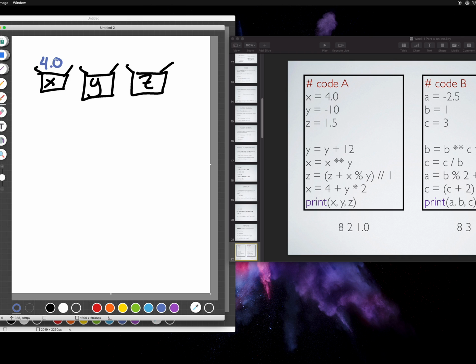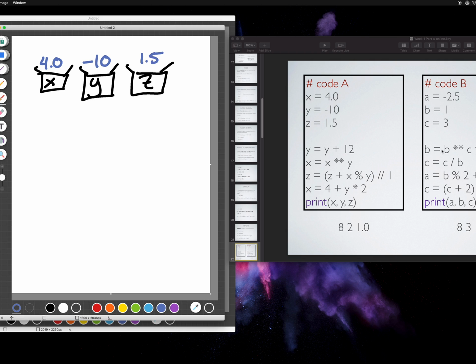It's important for problems like this to keep track of those types. Not just that they're numbers, but whether they are floating point values or integer values. So x gets the value 4.0, y gets -10, that is an integer, and then z gets 1.5. So that's these first three assignment statements.